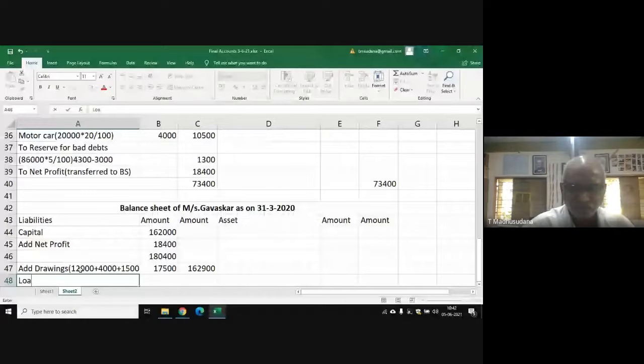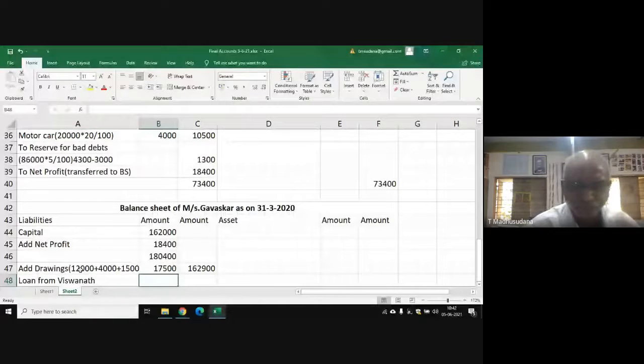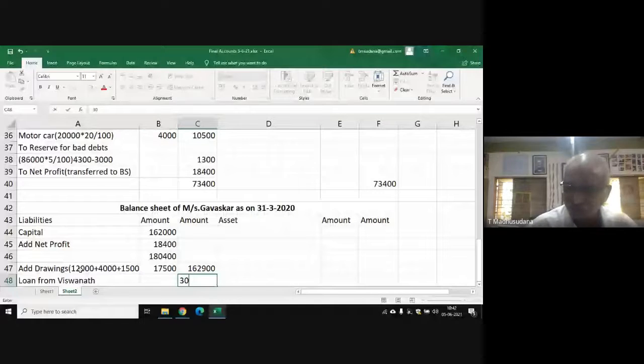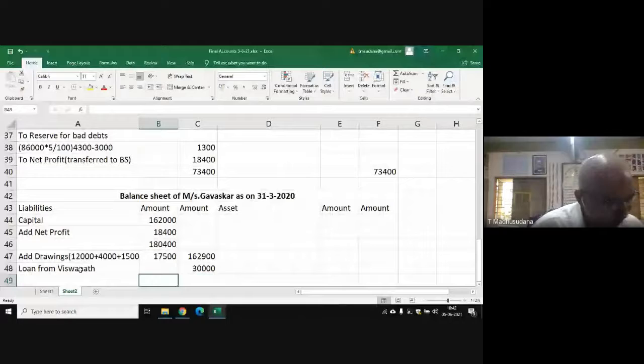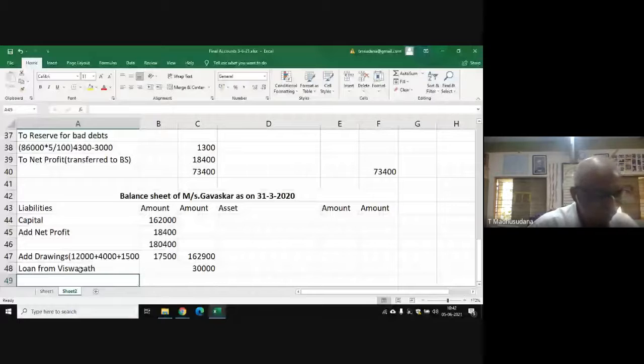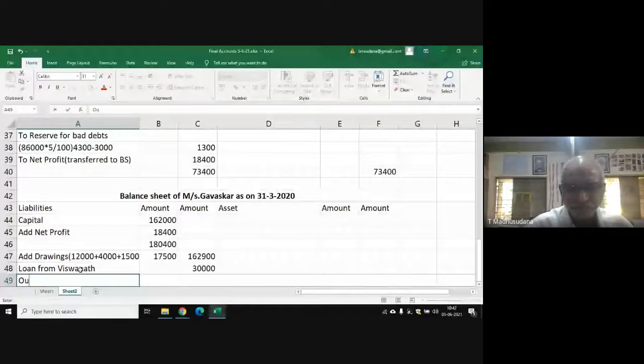Next, loan from Vishwanath. That is 30,000, in the outer column. Okay. Next, outstanding interest on loan.